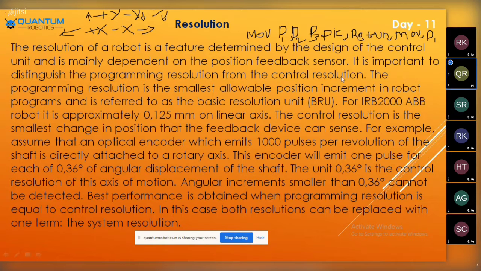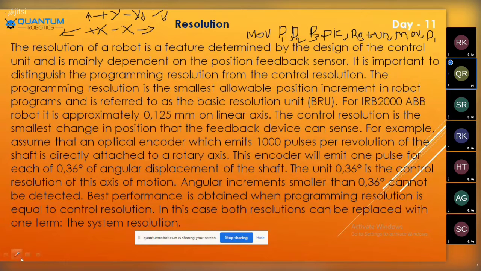Now here you can see the IRB 2000 ABB robot. ABB is the company, and IRB 2000 is the model, related to the weight or the RPM of the particular robot.